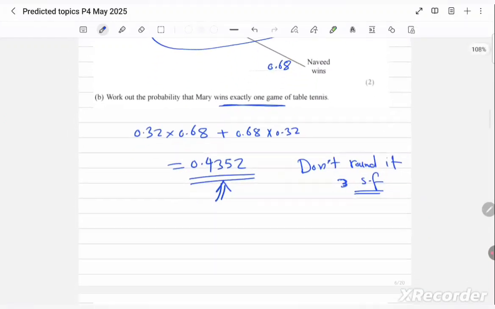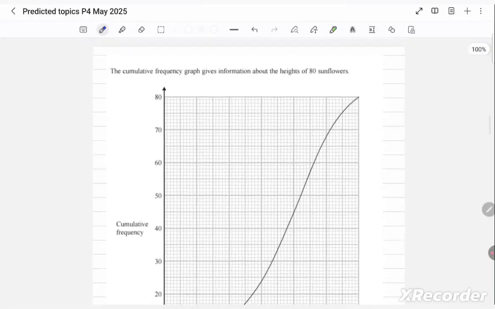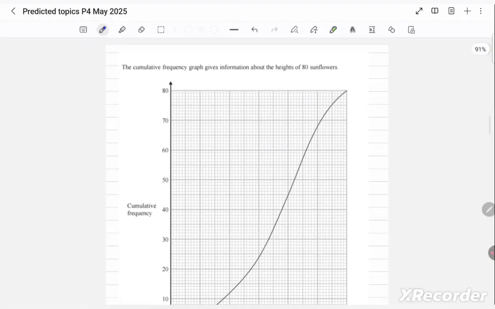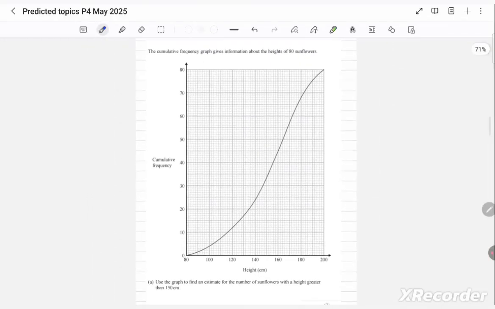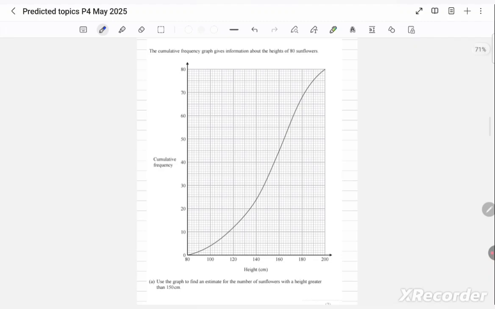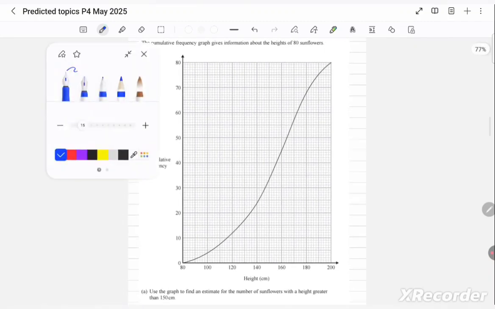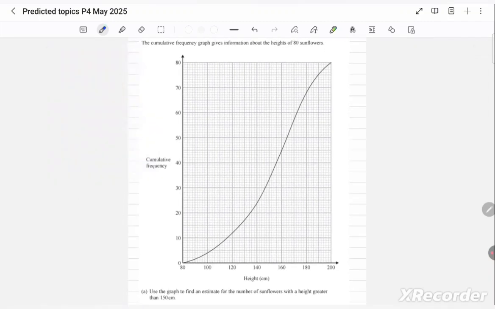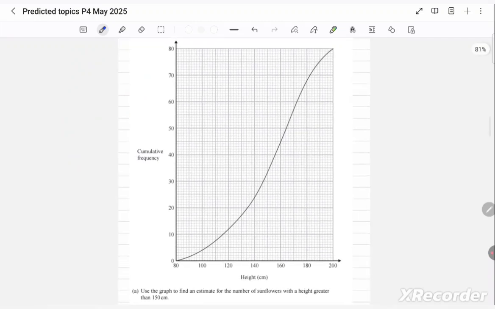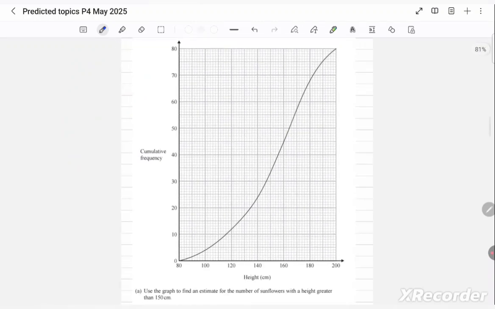Okay, next question. Cumulative frequency. This is also a popular question in the exam. The question is, use the graph to find an estimate for the number of sunflowers with a height greater than 150. So where is 150? It should be here, between 140 and 160.